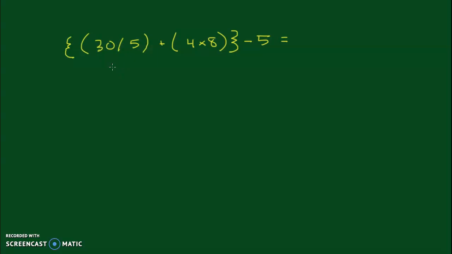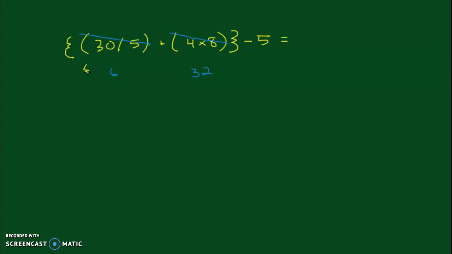30 divided by 5 is 6. So I'm done with that set of parentheses. 4 times 8 is 32. So I'm done with that set of parentheses. Now, I'm going to bring down the rest of the problem.